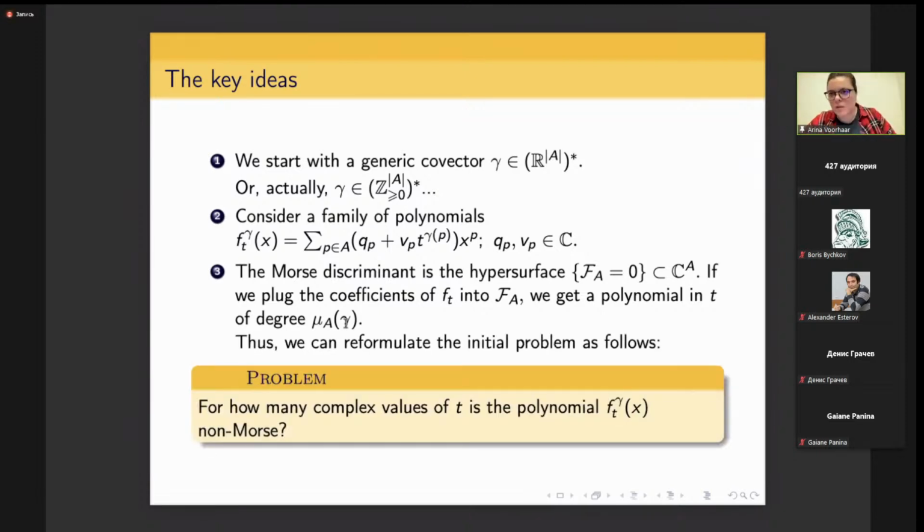So again, by the same thought that the degree of the polynomial can be found as the number of its roots, one can reduce the problem to the following one. For all sorts of those families, depending on the covector gamma, for how many complex values of t is the corresponding representative of the family non-Morse?